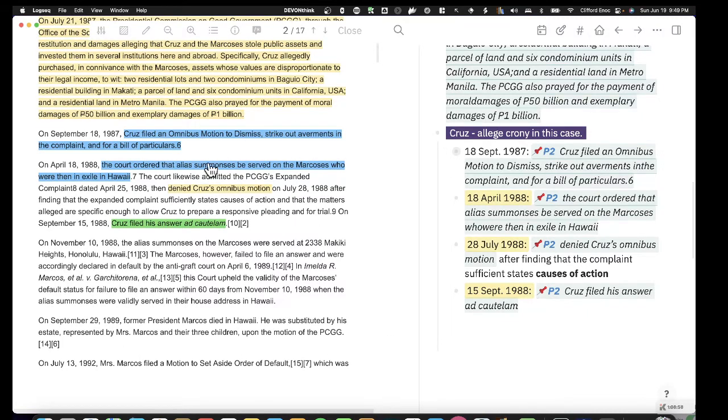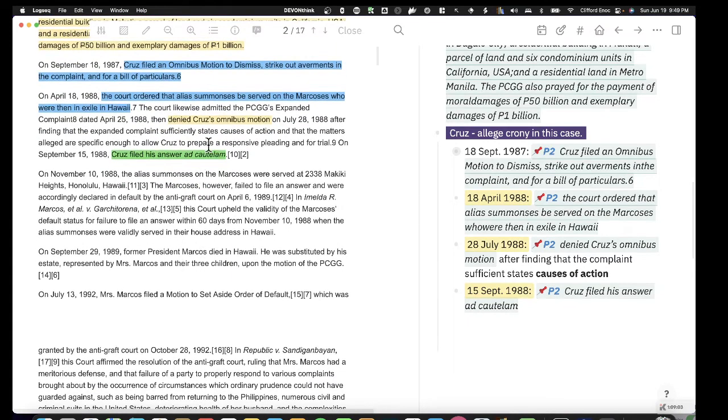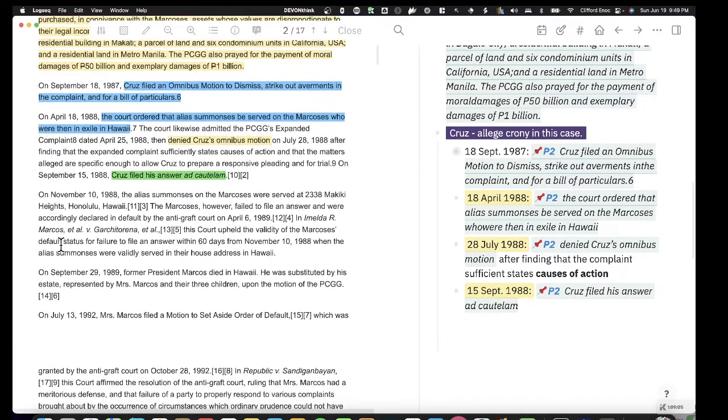Dito yung let's continue reading this kasi dito yung nangyari. Now, on November 10, 1988, the alias summonses on Marcos were served sa Hawaii. Then the Marcoses failed to file an answer and accordingly were declared in default by the anti-graft court in 1989.